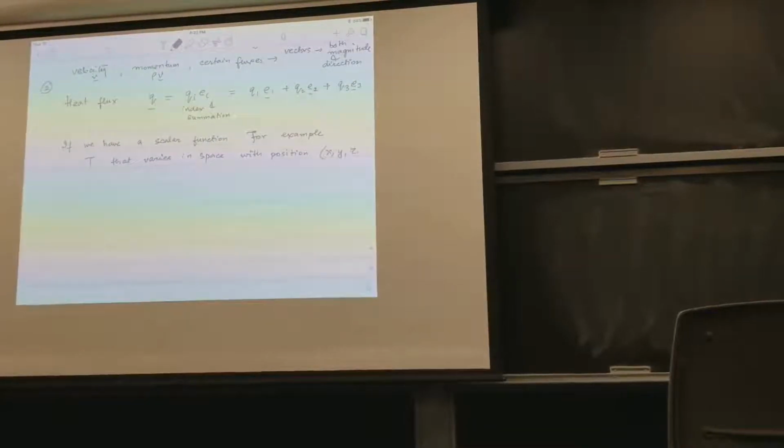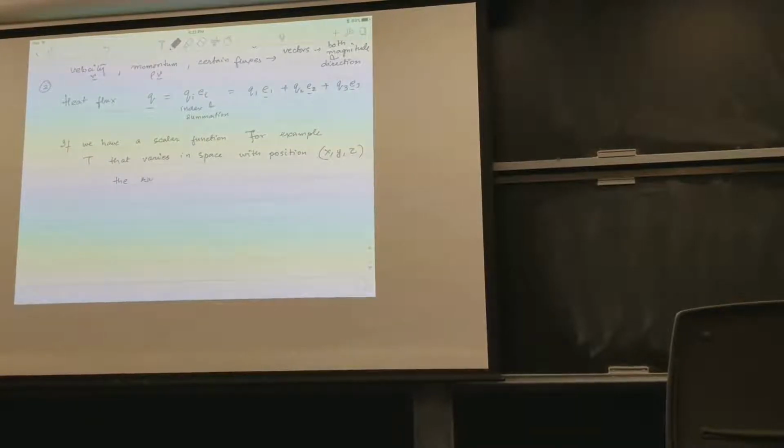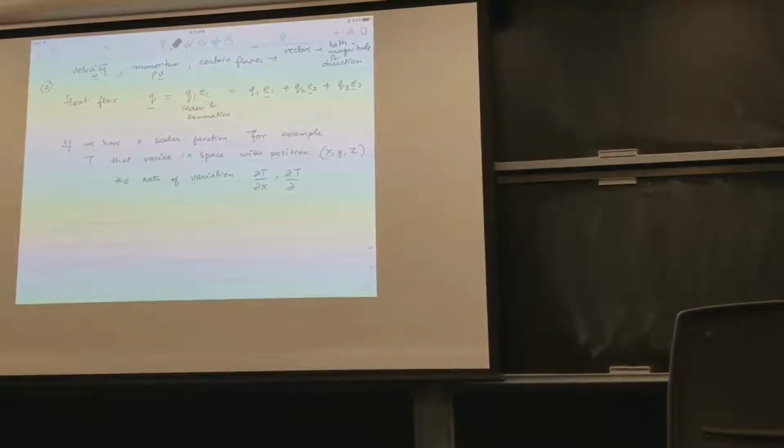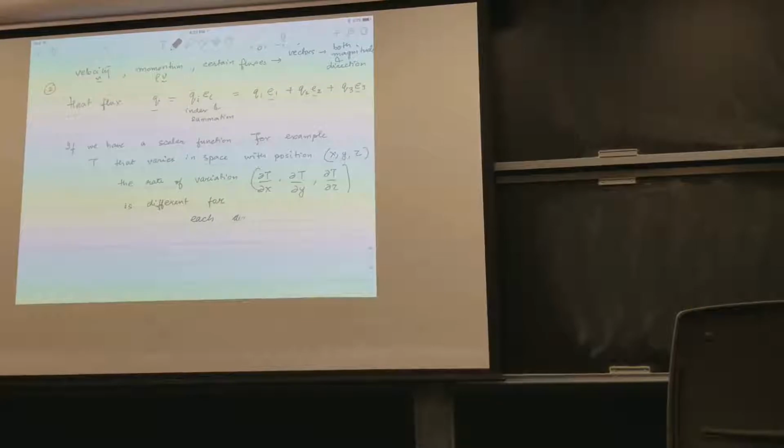Let's do it in Cartesian because that's easy to see. The rate of variation is different in each direction. So dT/dx, dT/dy, dT/dz is different for each direction.